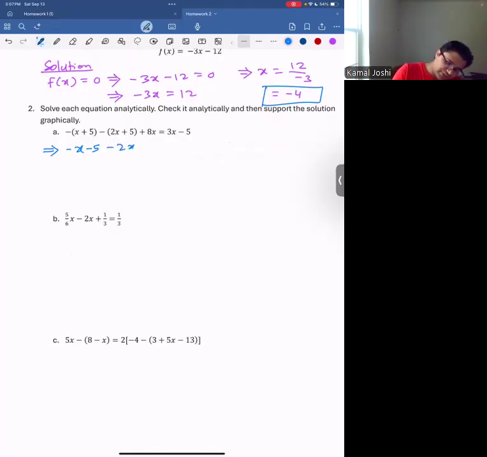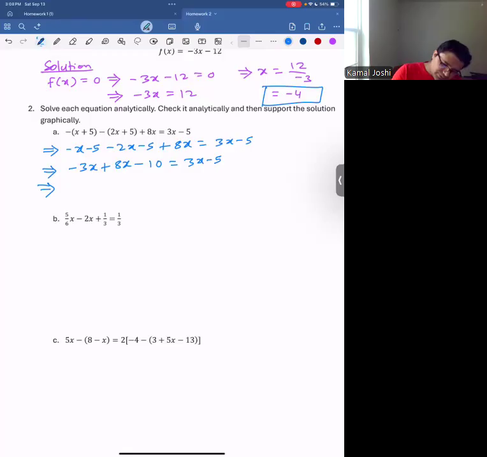Minus 2x minus 5, that is expanding the parenthesis, plus 8x equals 3x minus 5. And if you solve that, minus x minus 2x becomes minus 3x. You have plus 8x. Minus 5 will make it minus 10 equals 3x minus 5.